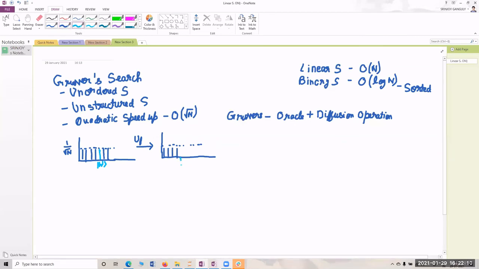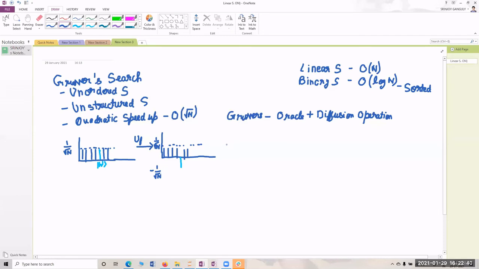Now your phase is here, and these are the other phases. These are the other unmarked items. So you have this here as 1 by root n. Here you reach minus 1 by root n.